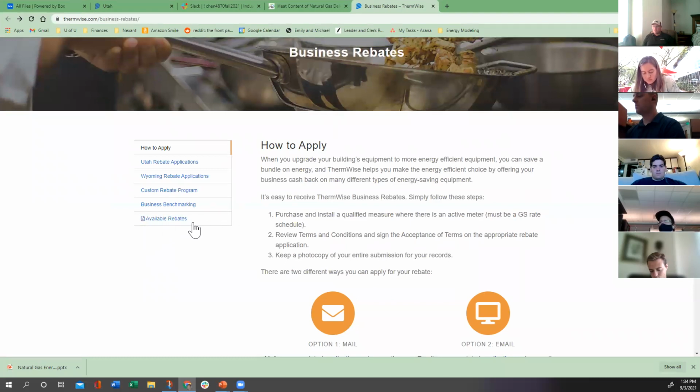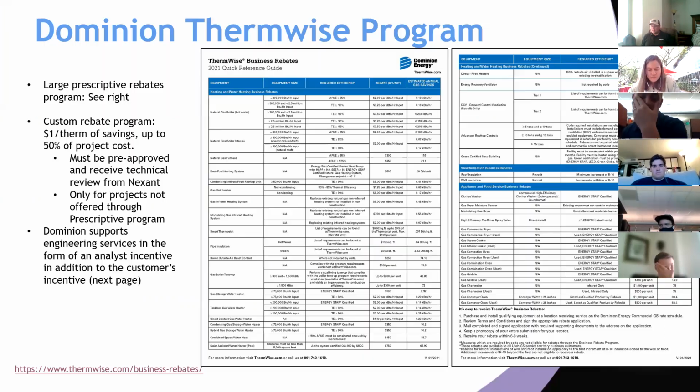If you want to look at that list, you can go to this available rebates PDF right here. These are for things that they just buy and install that meet a certain efficiency level. For example, this boiler right here, if it's between these sizes of output and it has a thermal efficiency of this high or greater, they'll get $3.50 per kBTU of the rated capacity. Pretty simple.